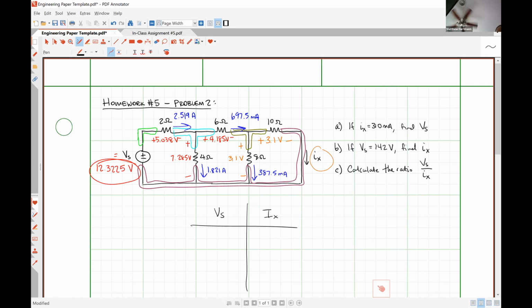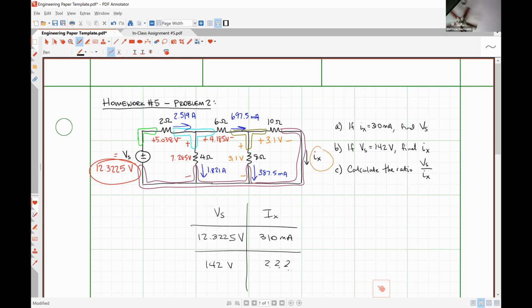We know that when Ix was 310 milliamps, Vs was 12.3225 volts. Our goal now is whenever Vs is 142 volts to find this value of Ix. And we can do this performing no more circuit analysis at all, okay?